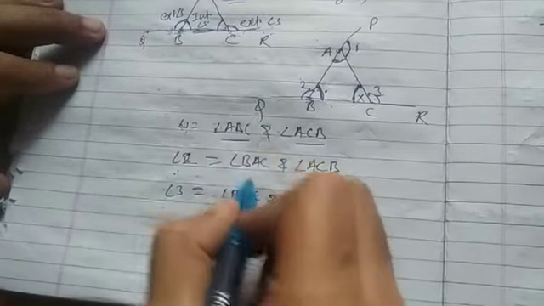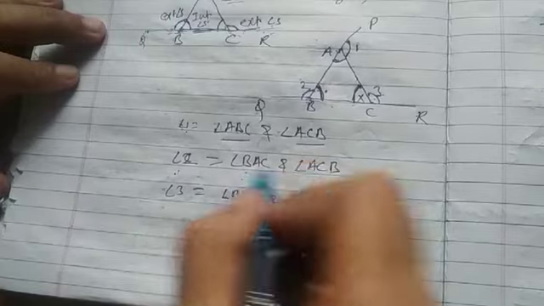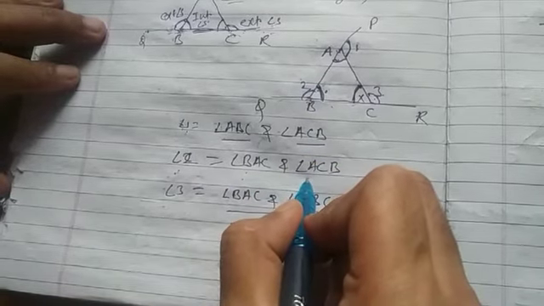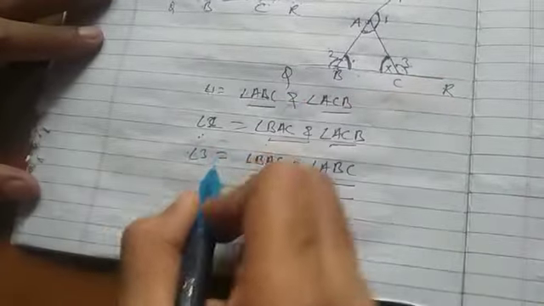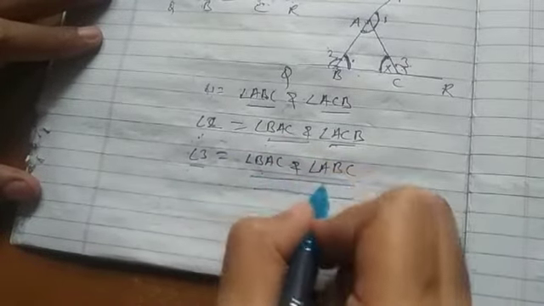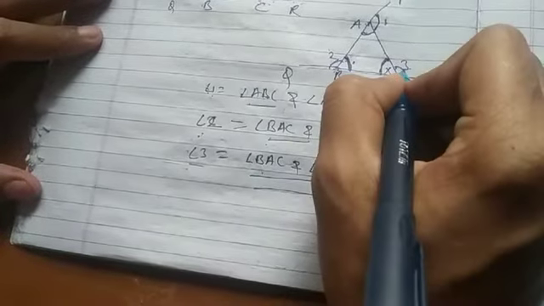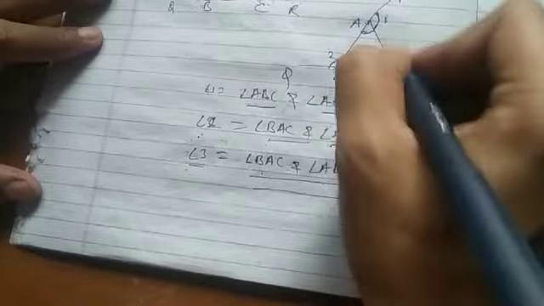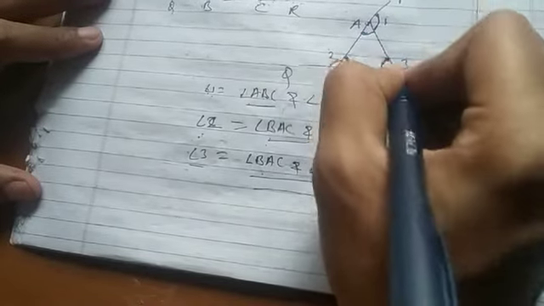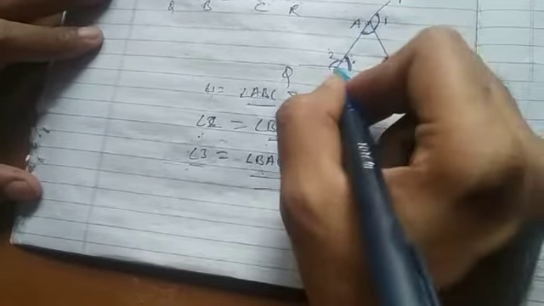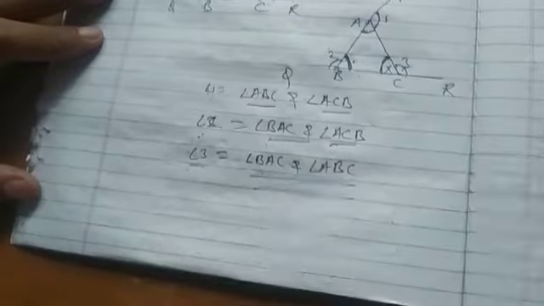For angle 2 we have angle BAC and ACB as interior opposite angles, and for angle 3 we have angle BAC, this angle, and ABC as interior opposite angles.